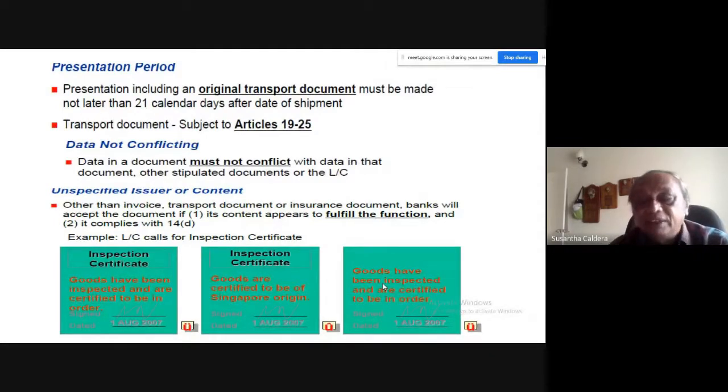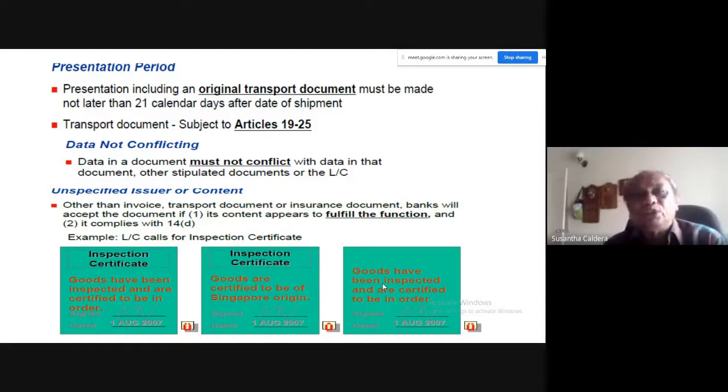That is if nothing has been mentioned about the presentation date. If the LC has mentioned presentation within 10 days from the shipment date, then that 21 days rule will not be applicable. Then it has to be 10 days, right?